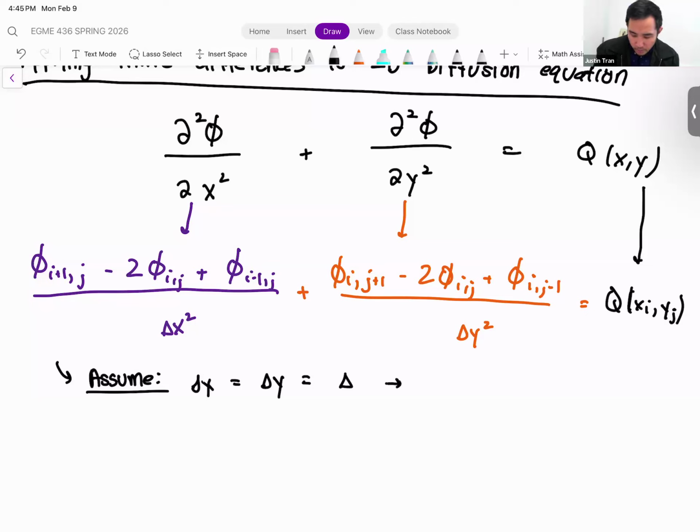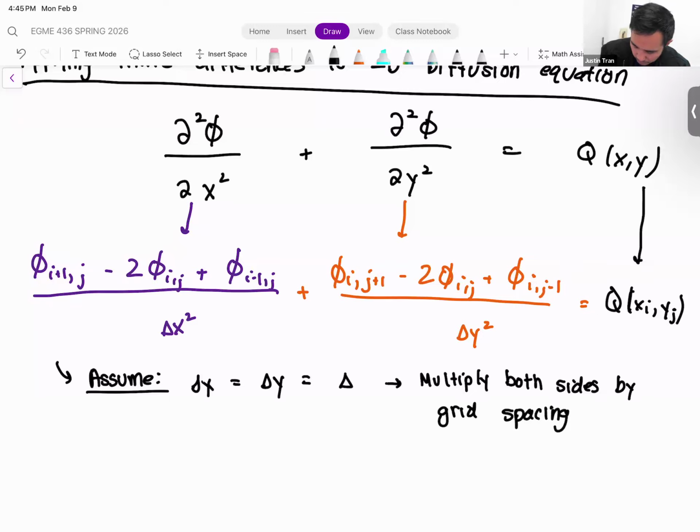If our grid spacing is the same, we can factor it out of both fractions on the left-hand side. So let's multiply both sides by the grid spacing. Technically, it's grid spacing squared.